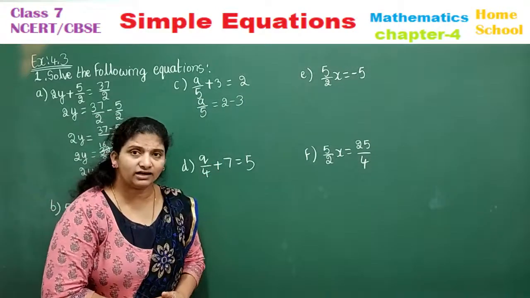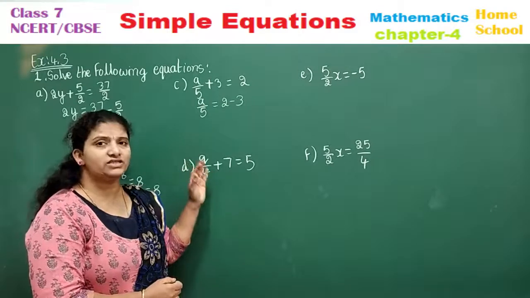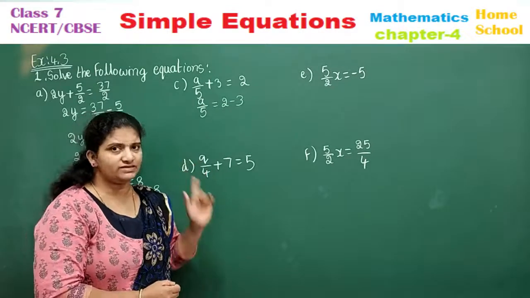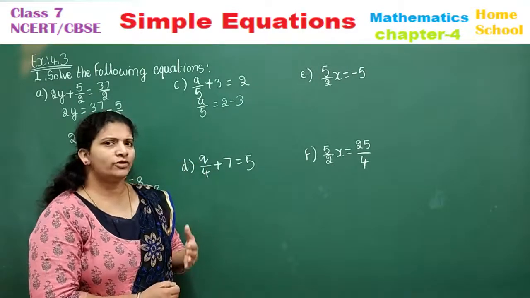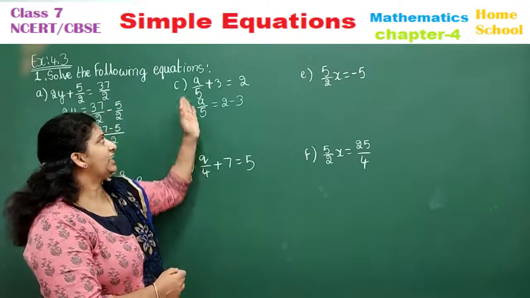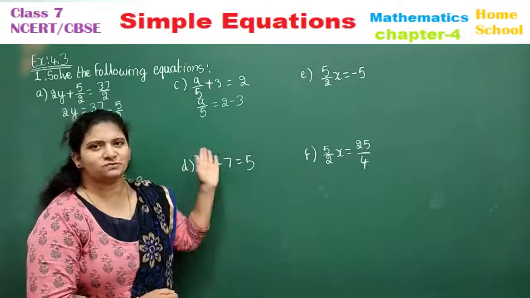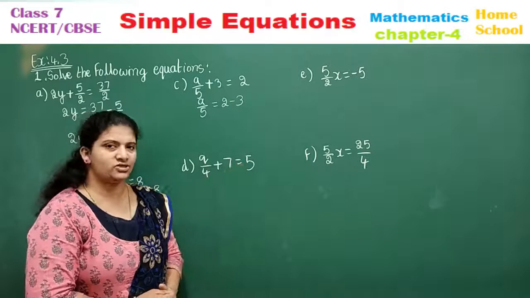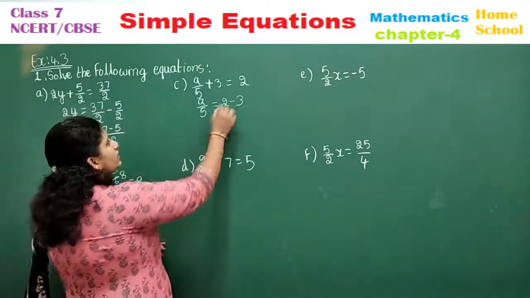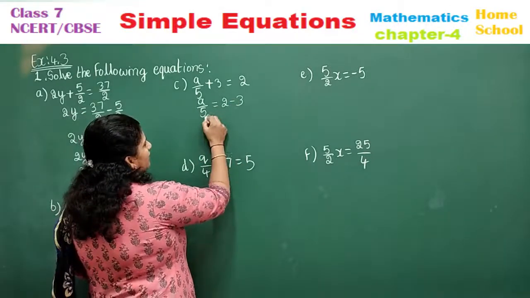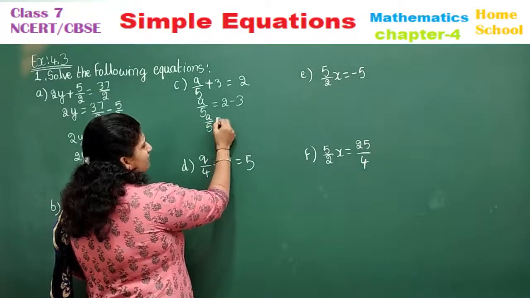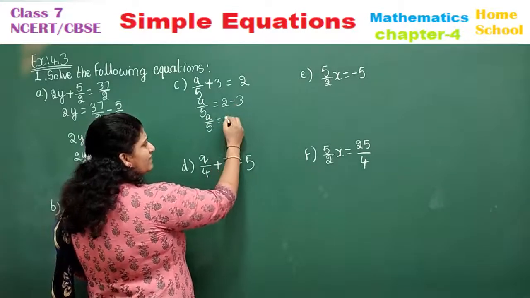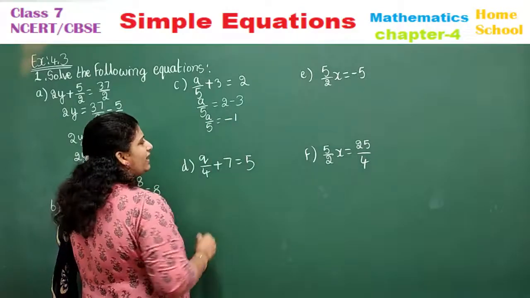Actually, you start learning solving the equations in your first and second exercises. Now, I hope you are a little perfect. So, directly you can send it to the other side. Transpose the values to the other side and solve the equations. 2 minus 3. a by 5 is equal to 2 minus 3, which will be minus 1.